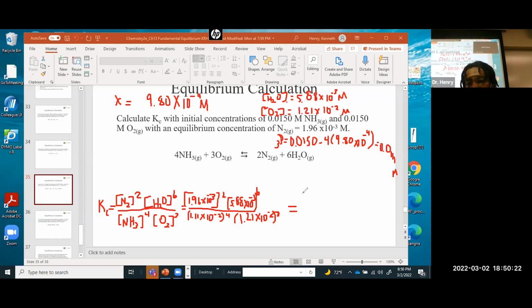So that gives me 3.84 times 10 to the minus 6 power.